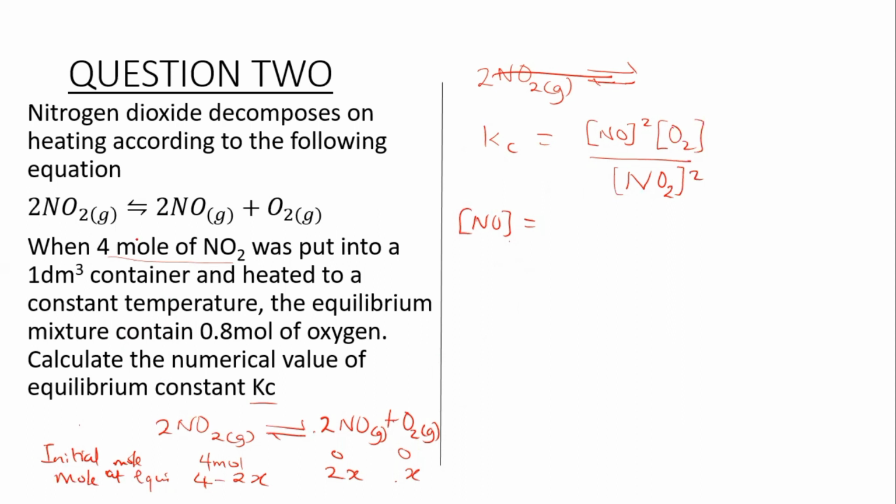The question says that when 4 mole of NO2 was put into a 1 dm cube container and heated to a constant temperature, the equilibrium mixture contains 0.8 mole of oxygen. Now, at equilibrium, we have 0.8 mole of oxygen. So it means that this x is 0.8. All right, so x is 0.8 moles.